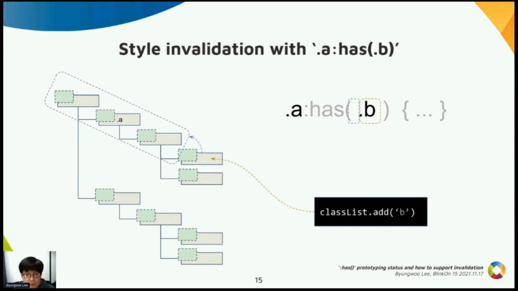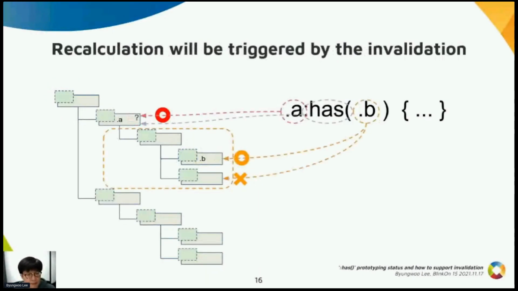And we need to invalidate the style of the ancestor element with class value a to indicate that it needs style recalculation in the next life cycle. So in short, when we have a style rule using :has, for a mutation on an element, we need to walk up ancestors and invalidate the styles. Then the style of the invalidated ancestors will be recalculated in the next life cycle.